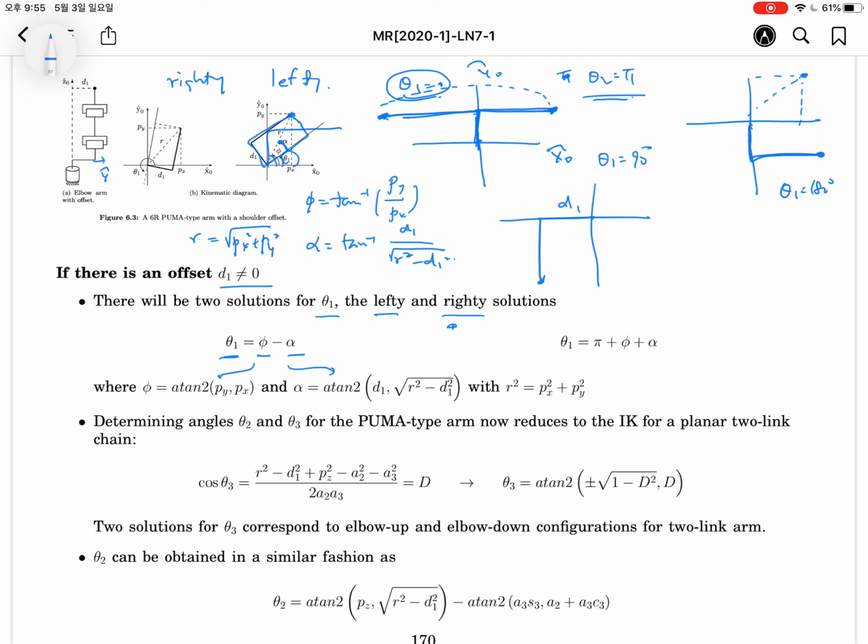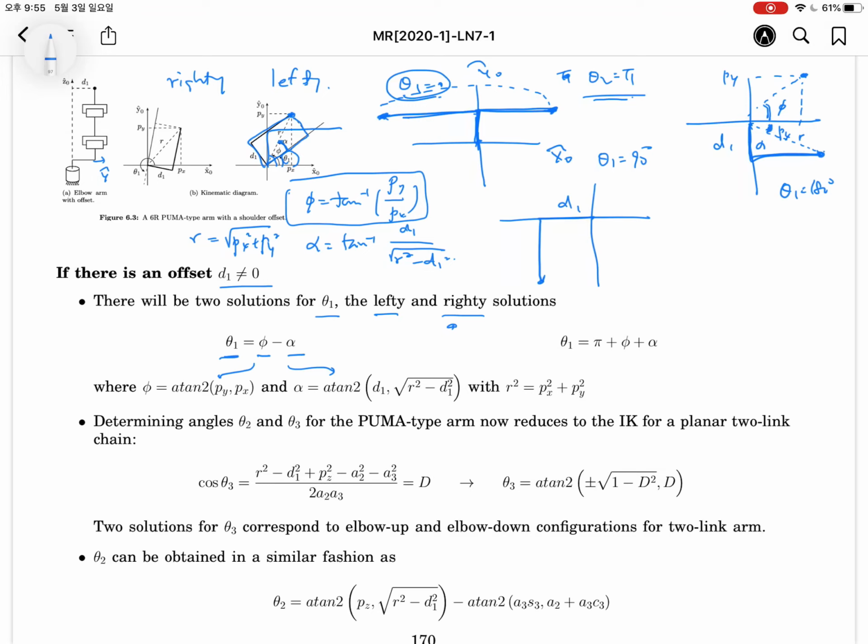Here, if you assign the px and the py as a target, this value is equal to phi from this definition. Here this is the d1. This is the r.